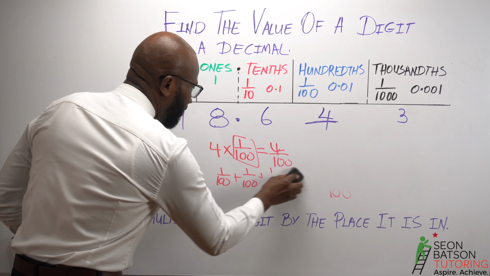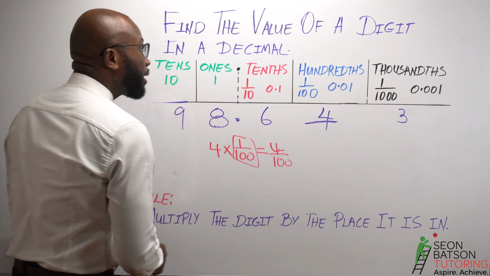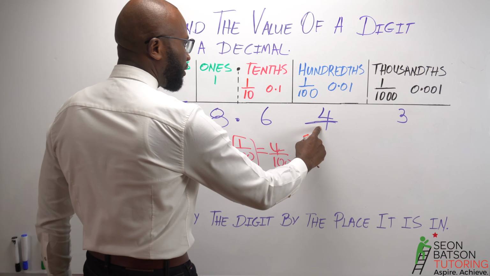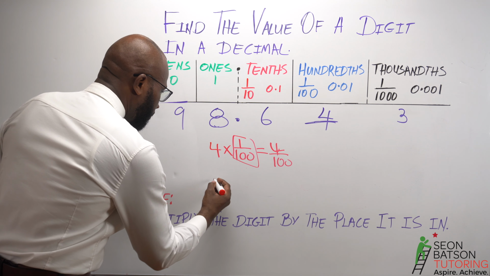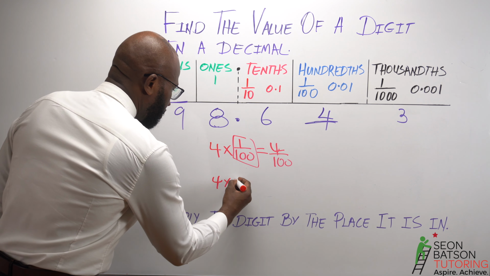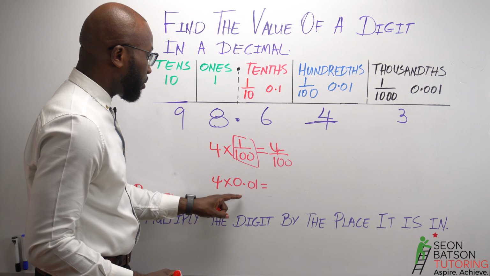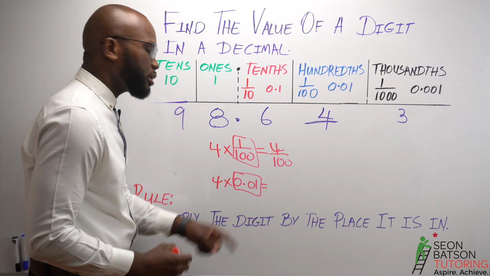Now, let's write the value of the 4 as a decimal. To write the value of the 4 as a decimal, we will simply multiply the 4 by 0.01. So 4 times 0.01. Again, 4 times 0.01 simply means we have 4 hundredths, or 4 0.01s.